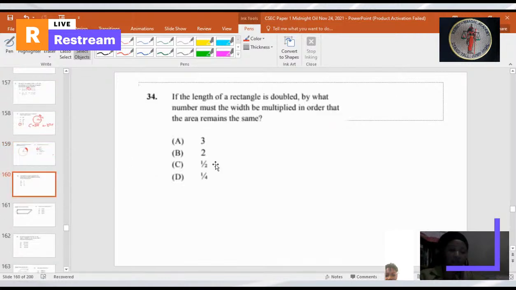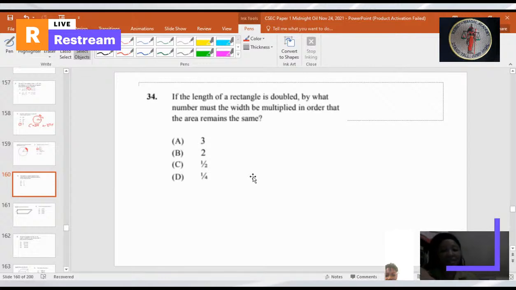Okay, 34. Read for me, please. 34. The length of a rectangle is doubled. What number must the width be multiplied by in order that the area remains the same? Did I read that wrong?